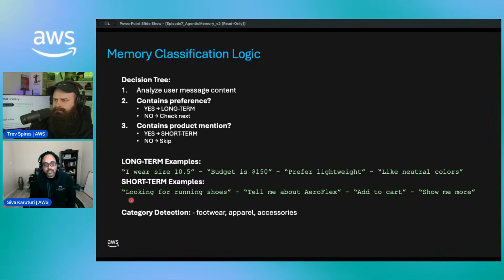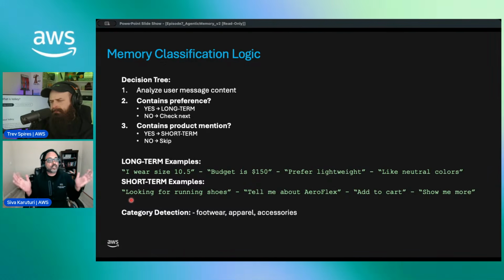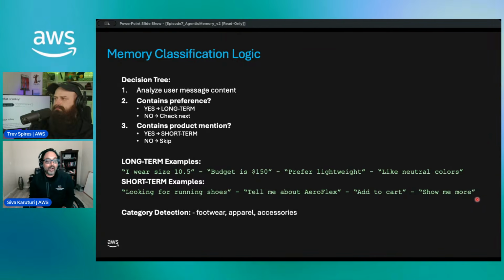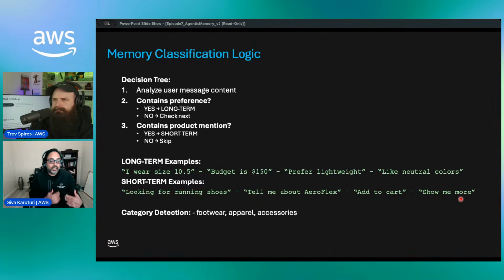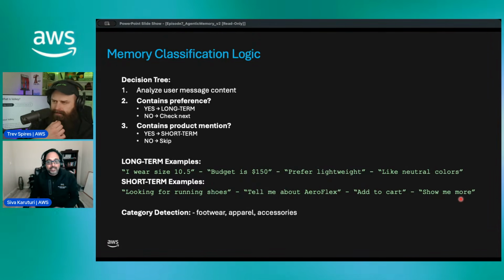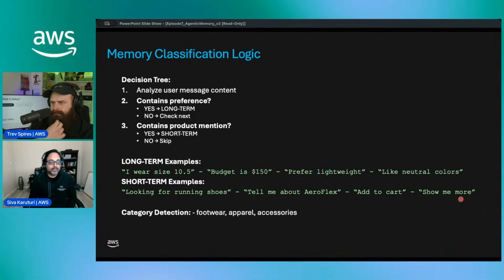And then you start conversing with the chatbot, and you just say, show me more. Show me more requires some context, right? Show me more means many things. Right now you're talking about shoes. Maybe an hour later you may be talking about jackets. So those are the minute details that you can save as short-term memory.